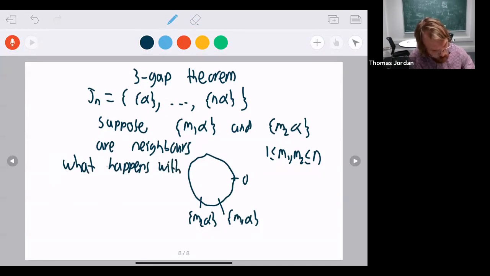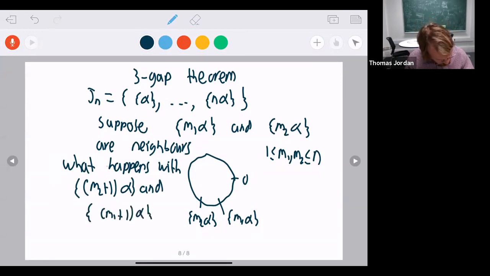So now, what happens with (m2 + 1) alpha, still reducing things back to 0 and 1, and (m1 + 1) alpha?